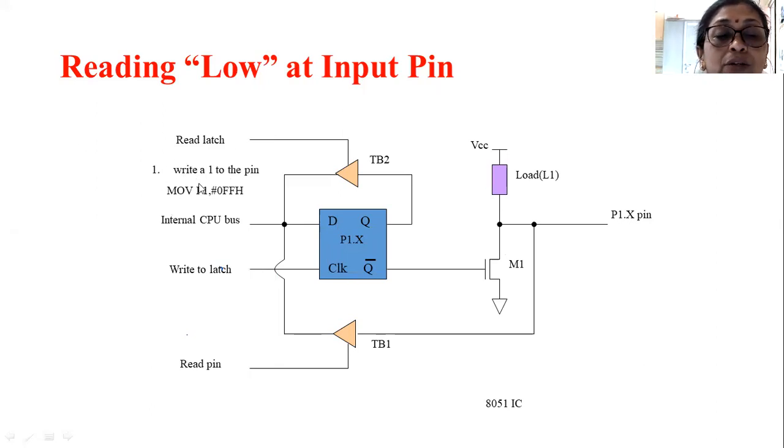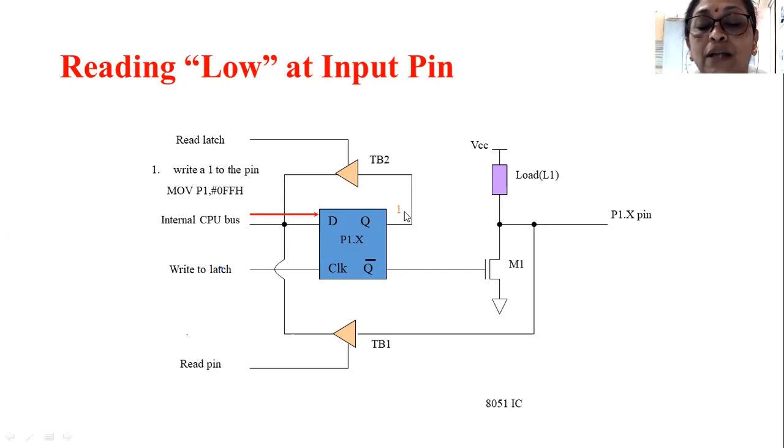So initially you have to write 1 to the D flip-flop, or logic 1 will be present at the input of the D flip-flop. Then the write to latch signal is applied, due to which this 1 will be transferred to the output, which is nothing but Q.